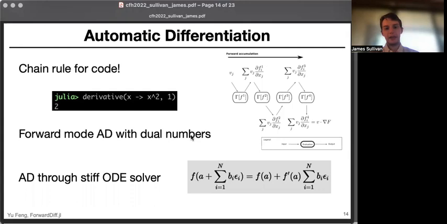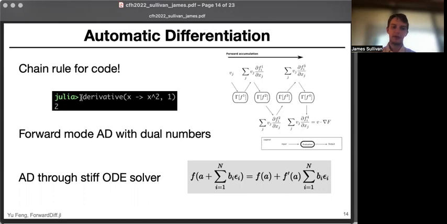Okay, and then the last thing about Julia is that Julia has a lot of automatic differentiation tools, and the tools are pretty mature. So now I'll finally say something about what automatic differentiation is. It's how we get the gradients with respect to the cosmological parameters through the simulator. And automatic differentiation is very easy in Julia.